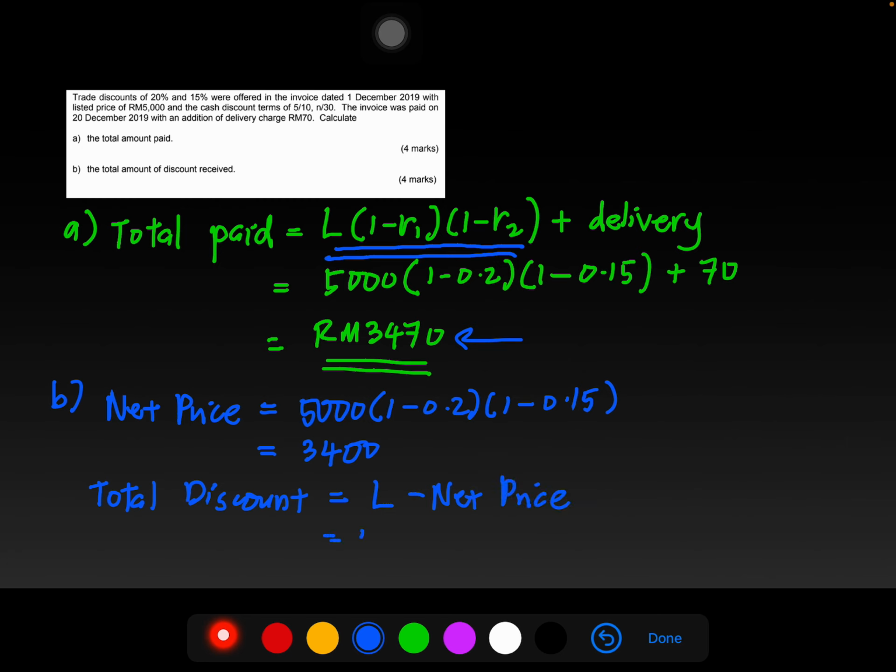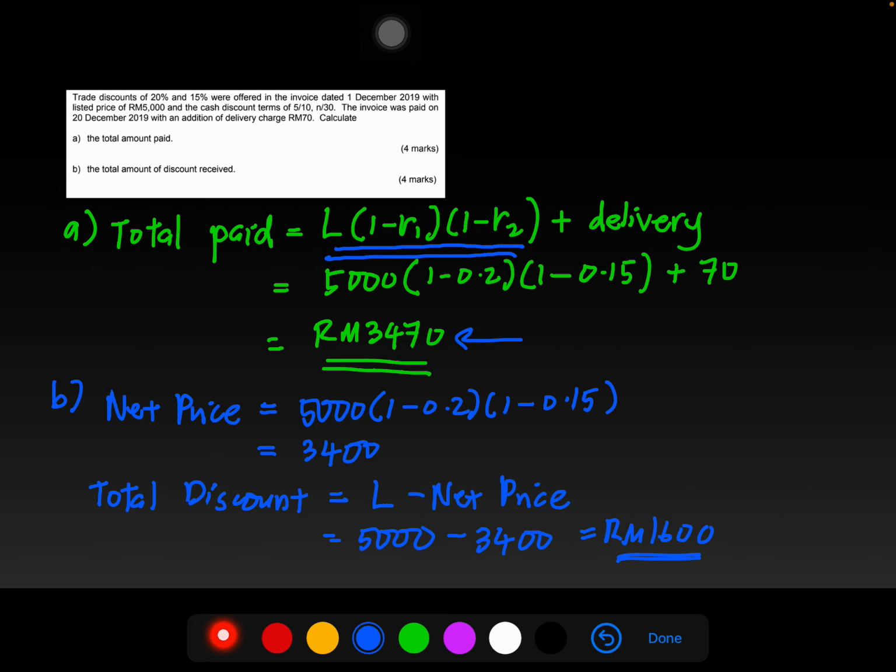So the list price is 5,000 minus the net price, which is the 3,400 just now. So total discount is simply 1,600. Right. So that's the answer for part B. Okay. So that's how straightforward questions in this topic could be. Okay. So I hope that you can easily obtain the full 8 marks whenever a question in this topic comes out in the exam.